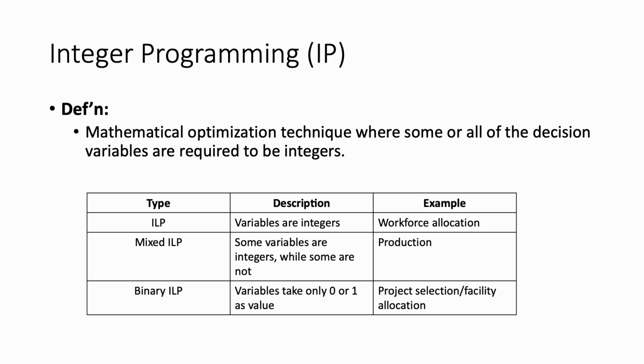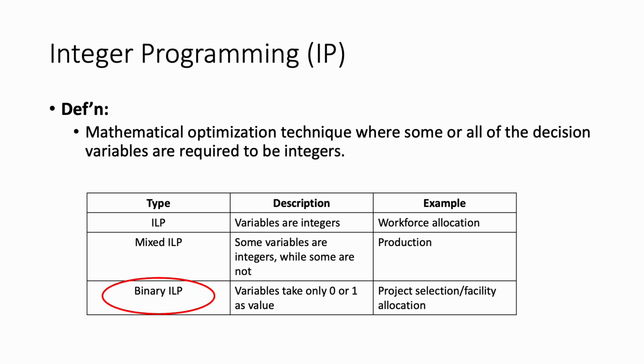Now, a mixed ILP is the type of ILP wherein we relax it a bit. Some variables are integers while some are not. An example of that would be production, because sometimes, if we want rice, we can have half a sack or half a kilo, or we can also have them as wholes.